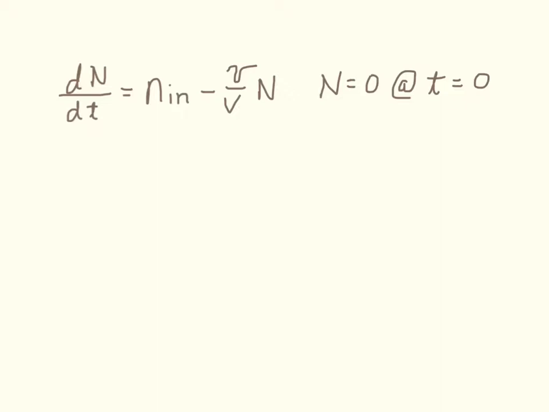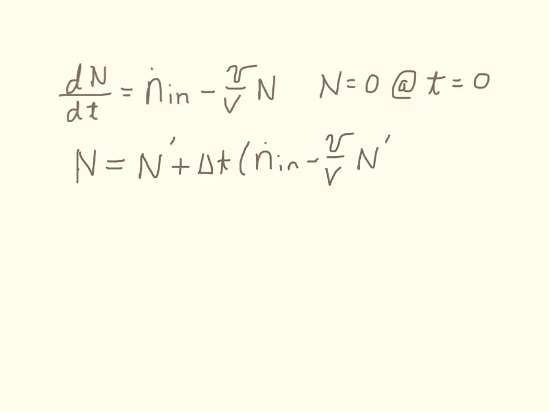Rewriting this with dn dt being delta n delta t, we have n at some time is equal to n, which I'll call prime at a time period before this, plus the change in time, that's our time increment, times the right-hand side of the equation, which is n in, should put a little dot above that, minus v over the volume, volumetric flow rate over volume, times that n at the previous condition, like that.